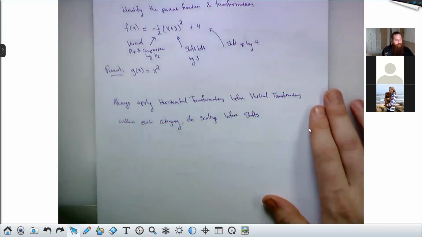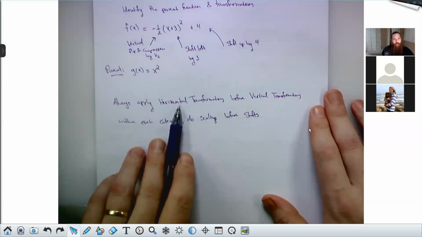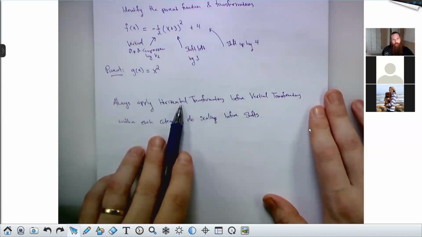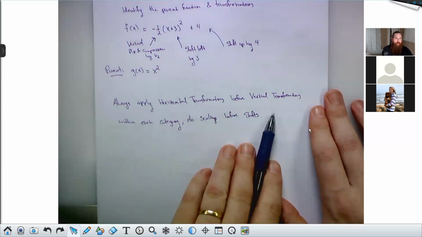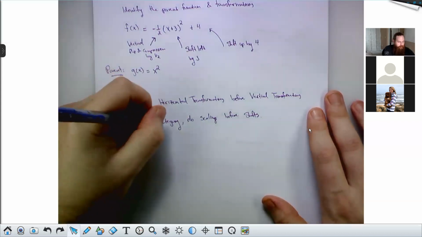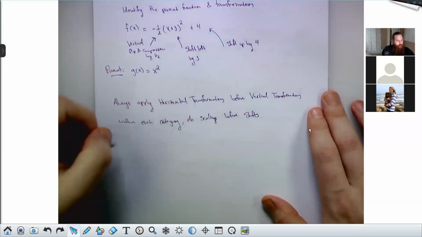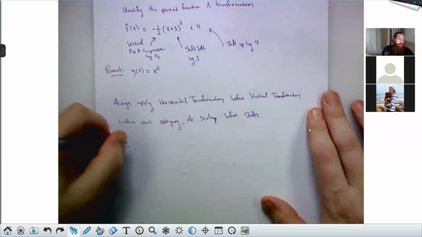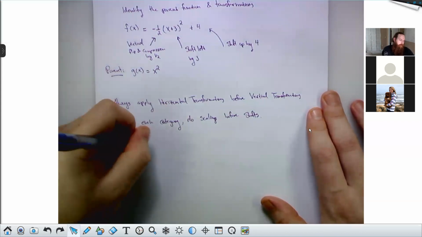So you'll apply these first any horizontal scalings, then any horizontal shifts, then any vertical scalings, then any vertical shifts. That's the order. Within each category, do scalings before shifts. So the order is first, any horizontal scalings.